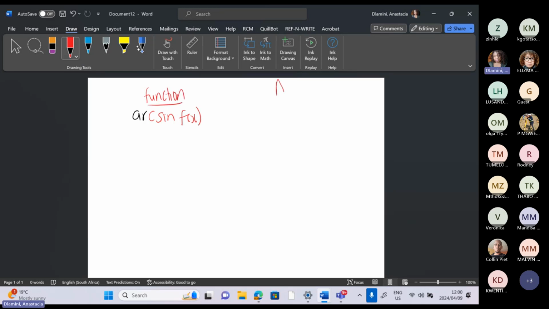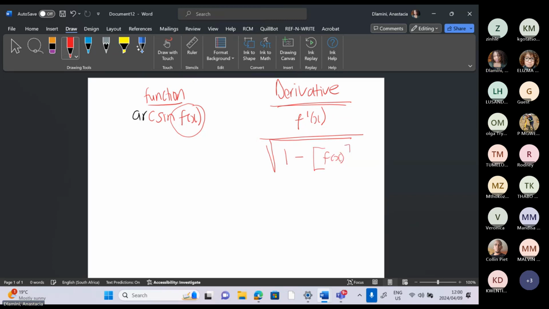And then the derivative of this function is the derivative of the inside function f of x, divided by the square root of 1 minus f of x squared. Do you see here the inside function is very important? Guys, do you see how the inside function is very important here? Yes, ma'am. Thank you.